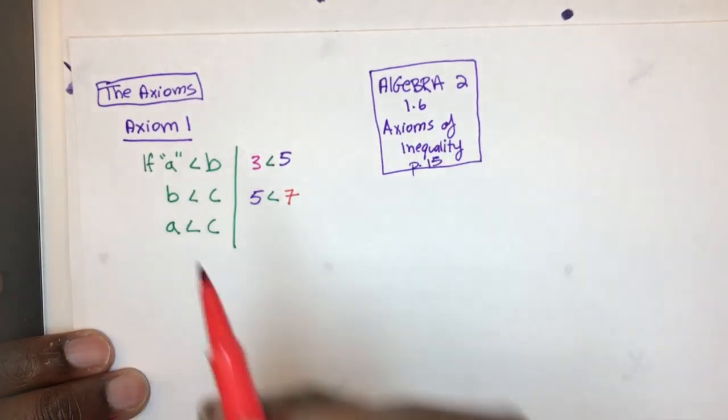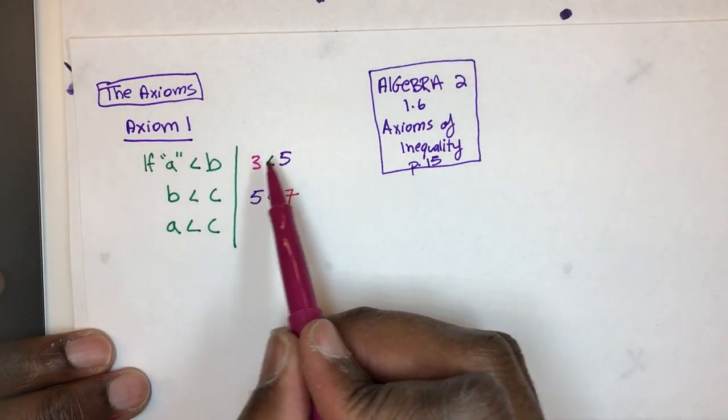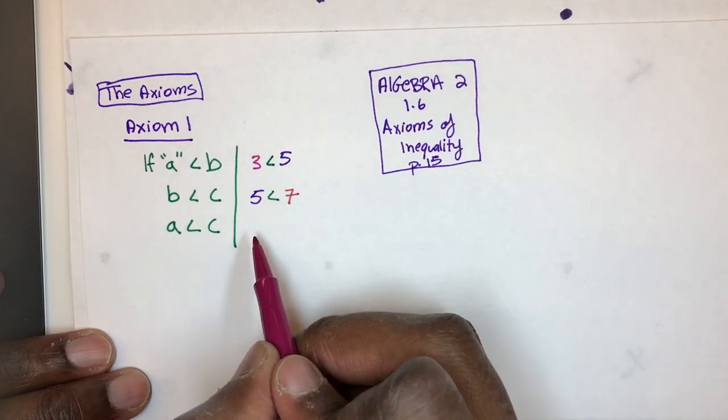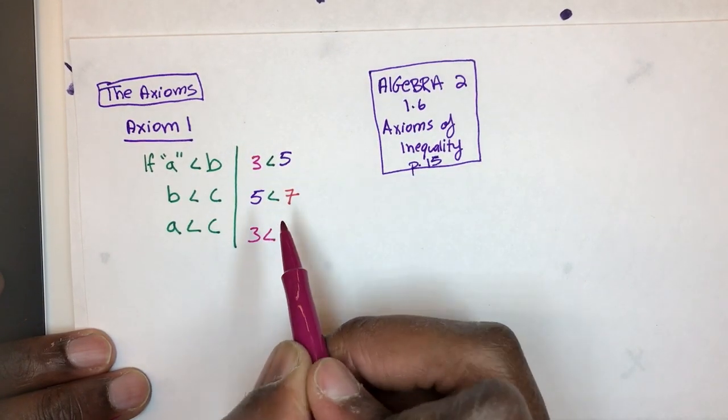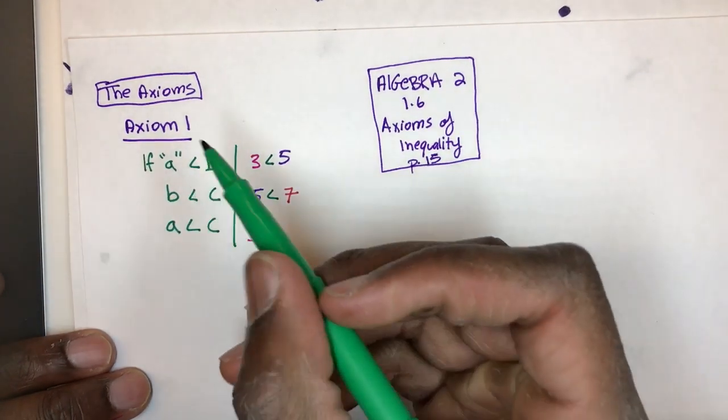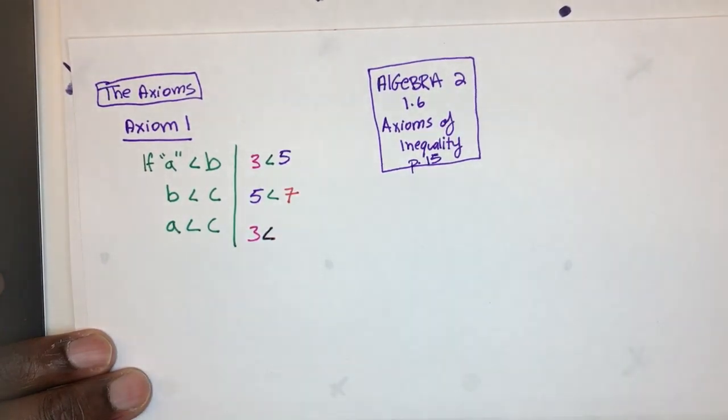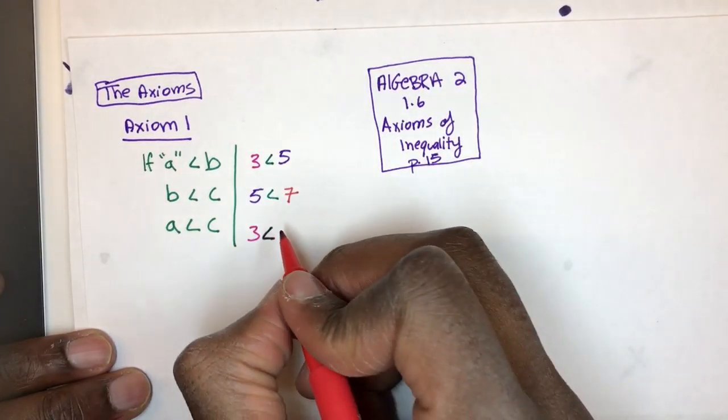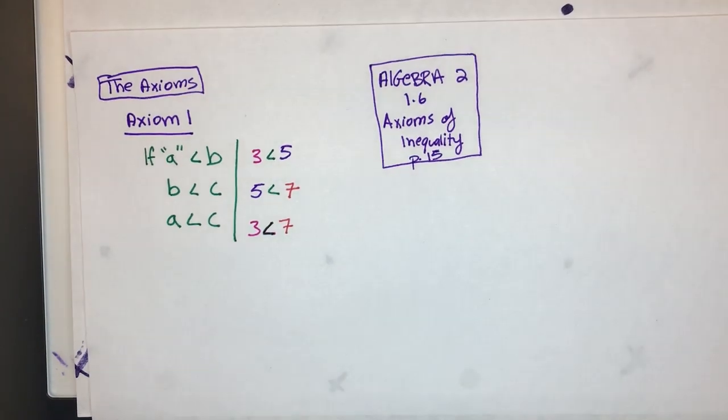So it stands to reason that clearly if 3 is less than 5 and 5 is less than 7, then 3 is also less than 7. Boom, right? It's just logical because it makes sense.